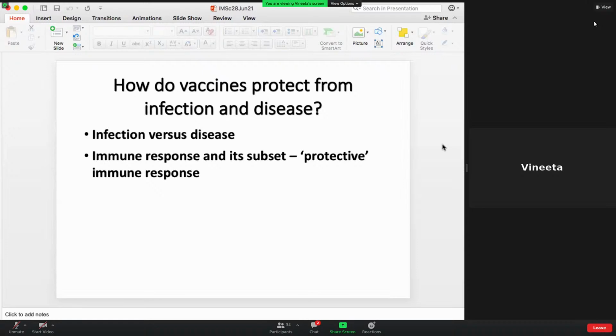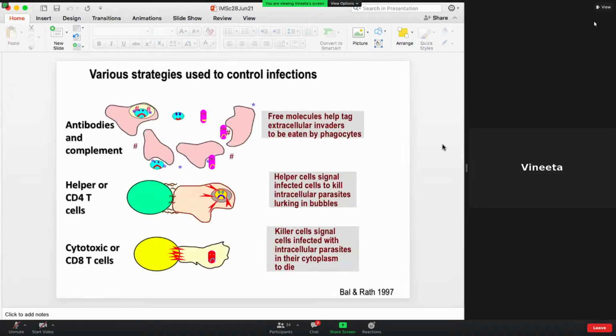And only a small component of the whole universe of immune response against a pathogen constitutes what we call the protective immune response. And this protective immune response is different for different kinds of pathogens or different kinds of organisms which come our way.